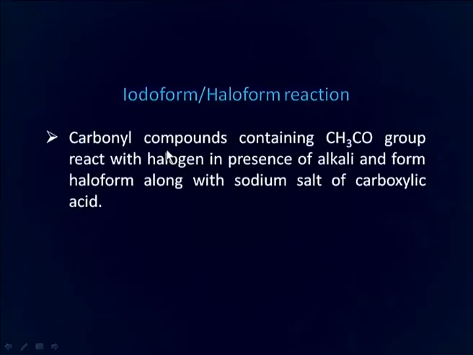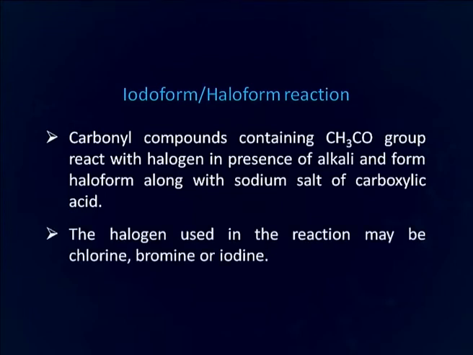We will now discuss the iodoform or haloform reaction. Carbonyl compounds containing the CH3CO group react with halogen in the presence of alkali and form haloform along with the sodium salt of a carboxylic acid. The halogen used may be chlorine, bromine or iodine.